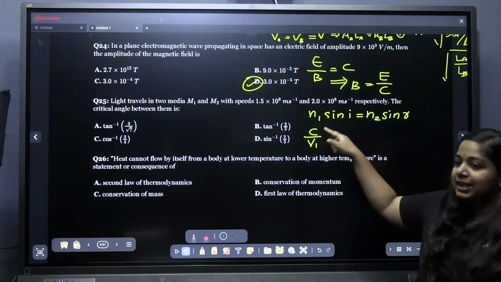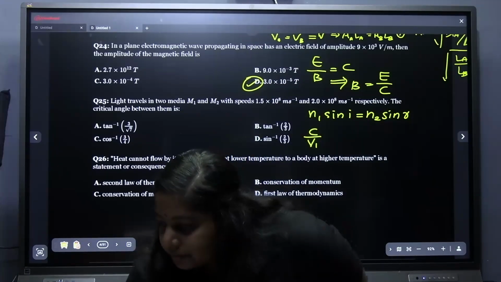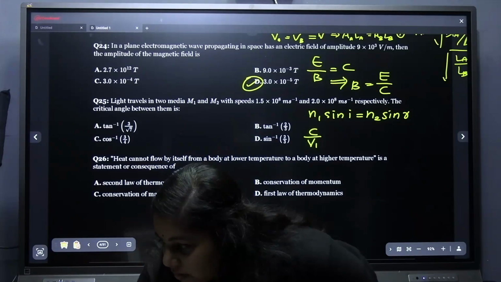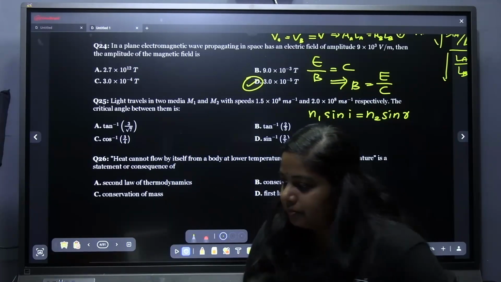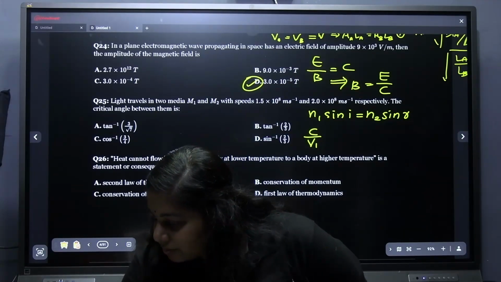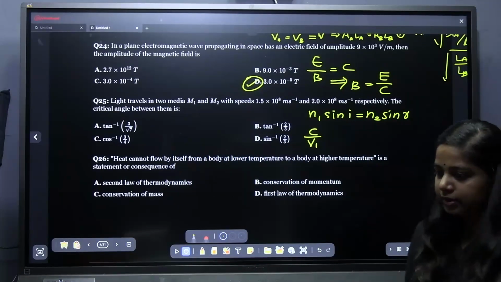Refractive index of a medium is C by V. Again not visible. What about now? Is it visible?